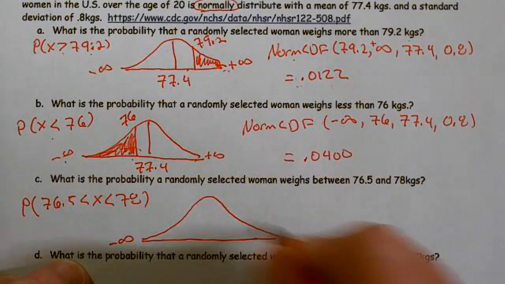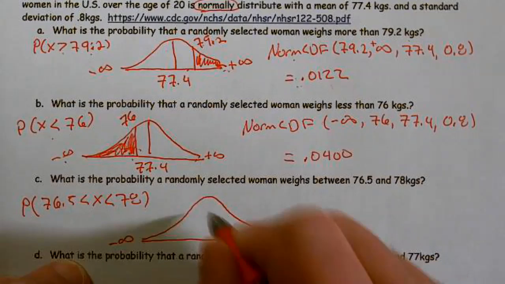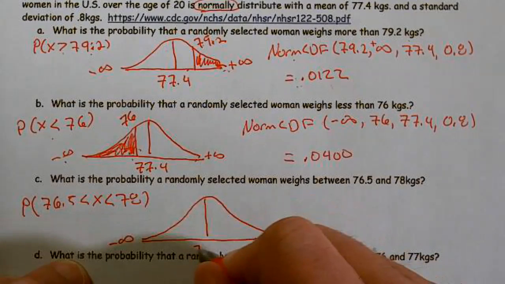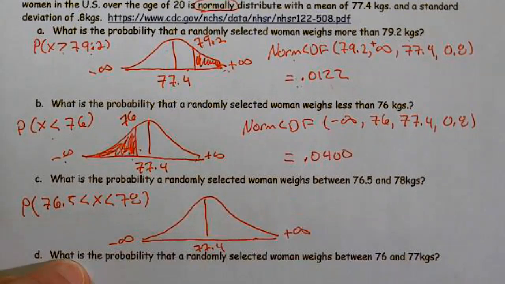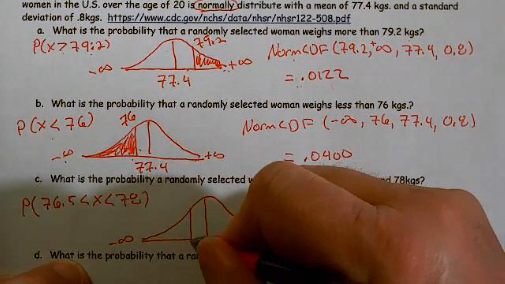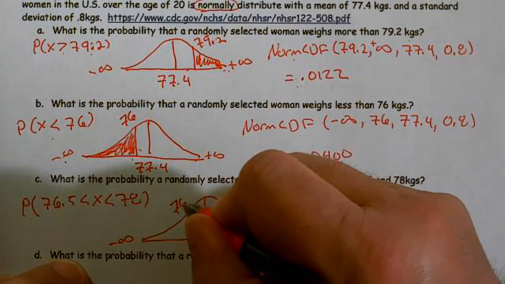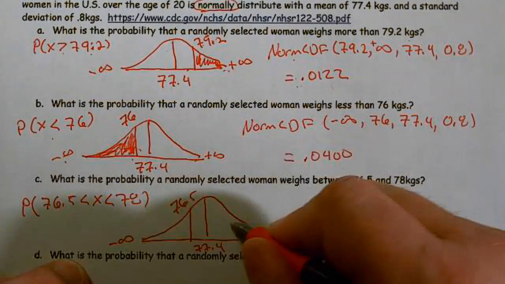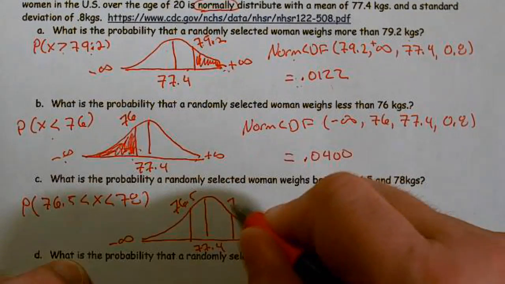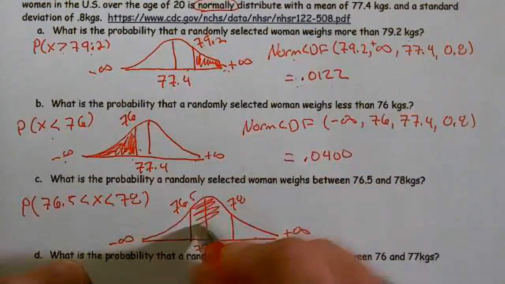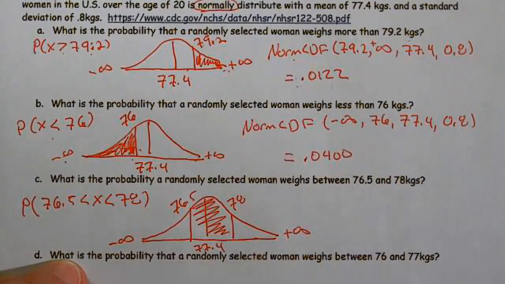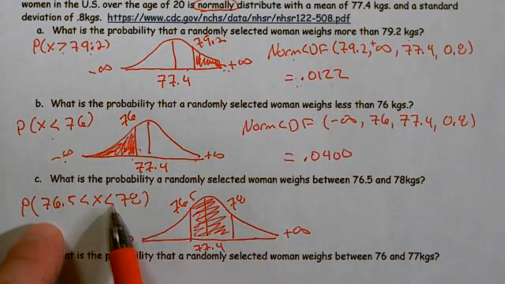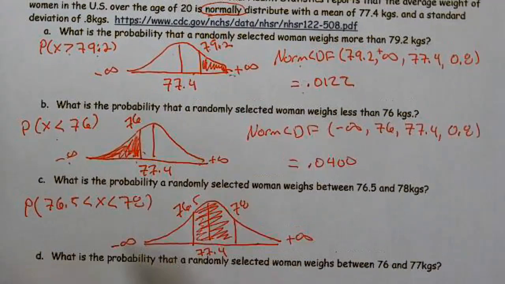Negative infinity, positive infinity, 77.4. So right here, this is 76.5. This right here is 78. So I'm looking for this area between 76.5 and 78, and that's what my probability statement says. So it says the same thing, okay?